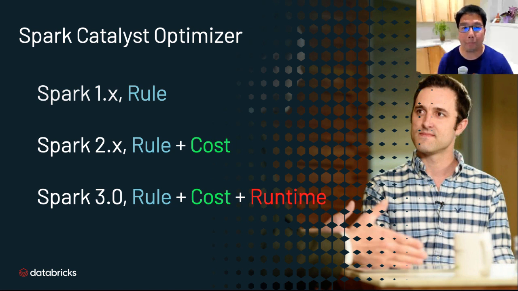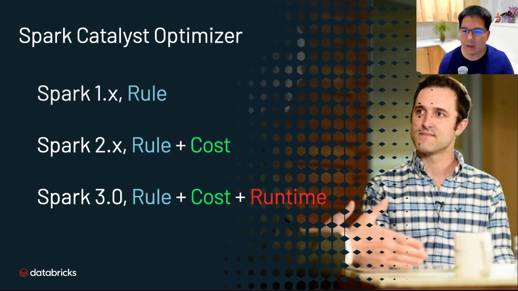Okay, so if 1.0 was about rule-based optimization, Spark 2.0, the 2.x line, excuse me, really is where we introduced cost-based optimizations. And this is the idea of saying, okay, we're going to calculate the cost from the logical plan into the physical plan, and then figure out, based on that cost, whether we can choose the correct logical and physical plans and execute the query.